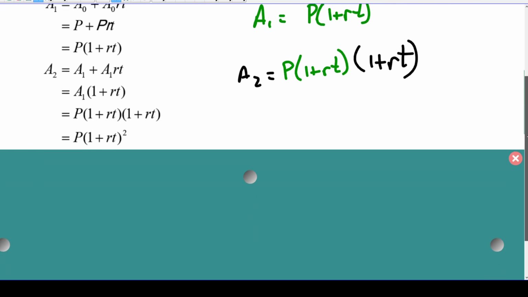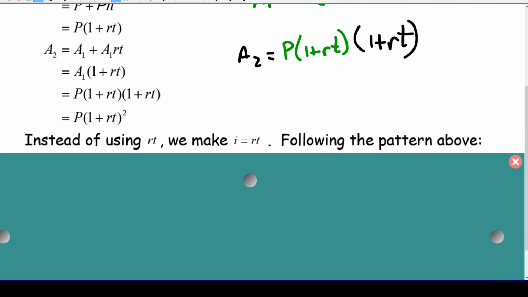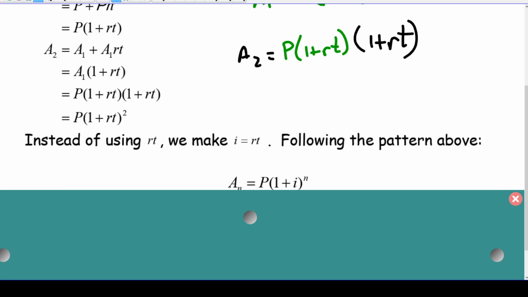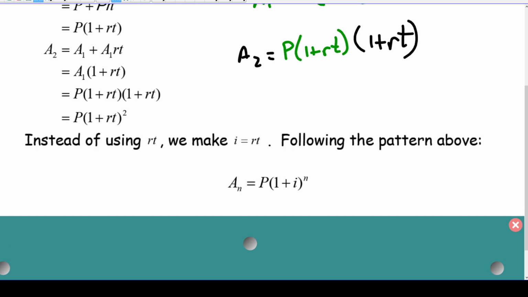Now, R times T is going to be called i. And that's where we get this formula. So that's the proof using recursion, which is a sequences and series idea, to start with the simple interest formula and end up with the compound interest formula.